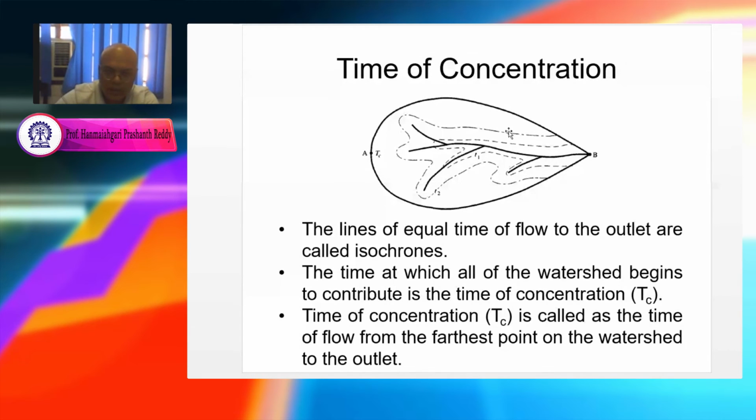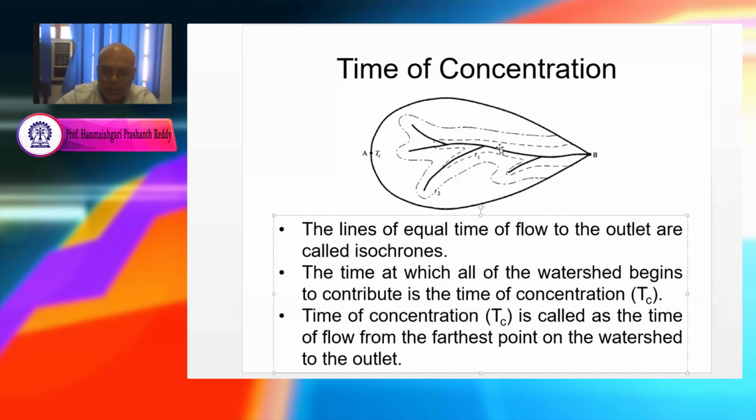Here different dash lines are drawn. The points falling on a dash line represent equal time of flow to reach the outlet, and these lines are called isochrones.